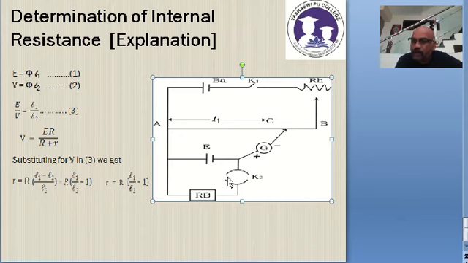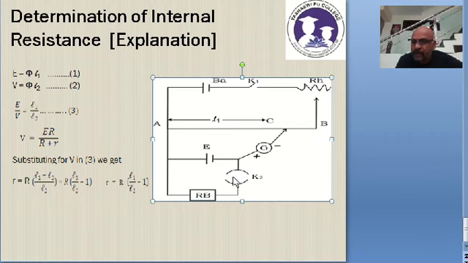So when you include K2, you are measuring terminal potential difference. When you open it, you are measuring only the EMF of the cell, because only the cell is included, the resistor is not. Now listen again. First case, you close K1, open K2, and measure the balancing length L1, which is proportional to the EMF of the cell.